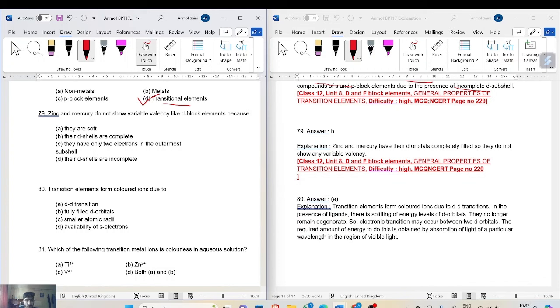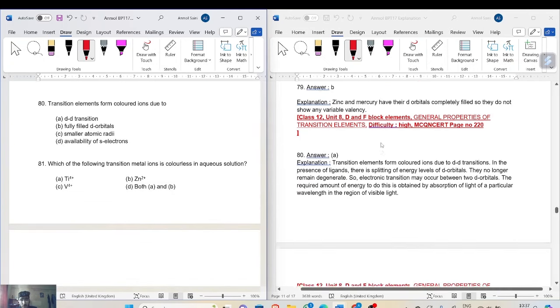First for zinc, 4s2 3d10. Similarly for cadmium and mercury, they also have fully filled 4s and fully filled d orbitals. So when they have fully filled d orbitals, they can't show variable oxidation state. So the correct answer is B because their d subshells are complete.